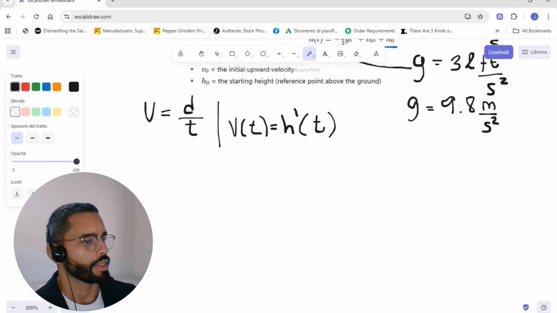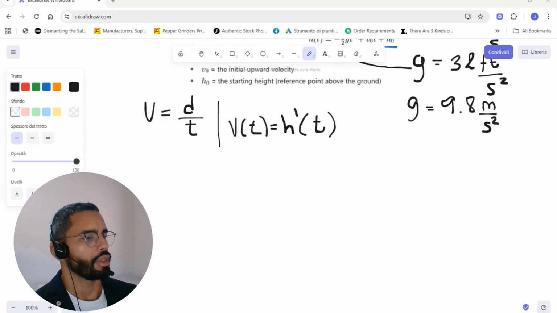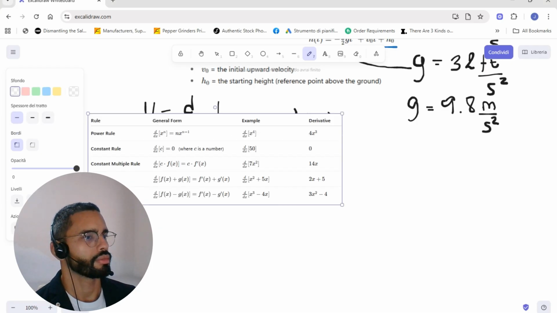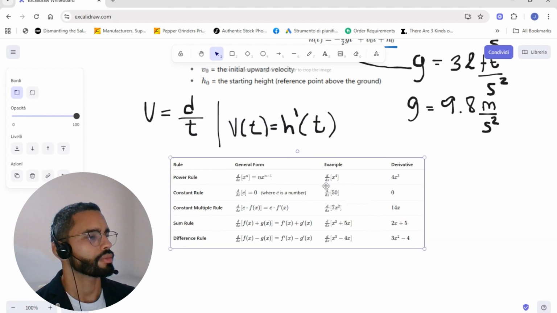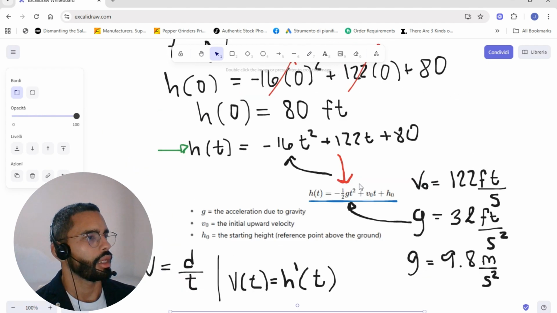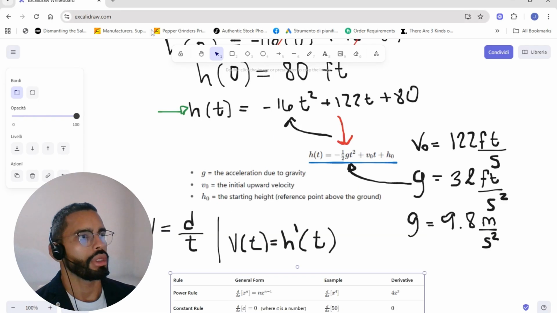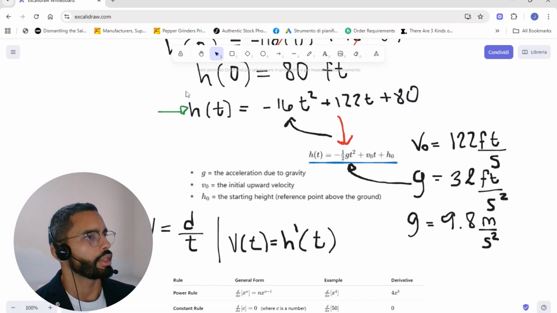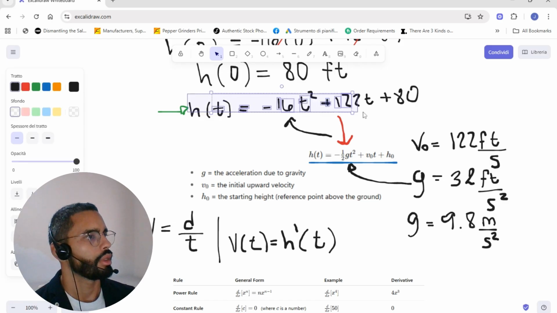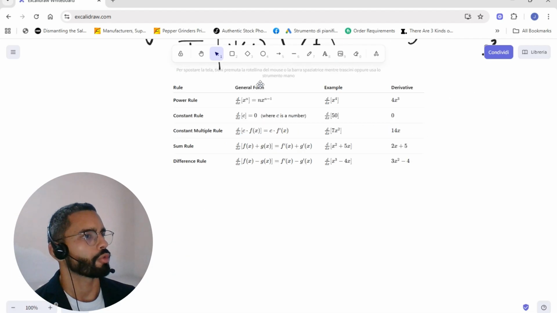It's okay, no worries. I can share some of the rules of derivatives that we could use. Let me put them here. And then let me bring back our equation. It's quicker for me to write it.